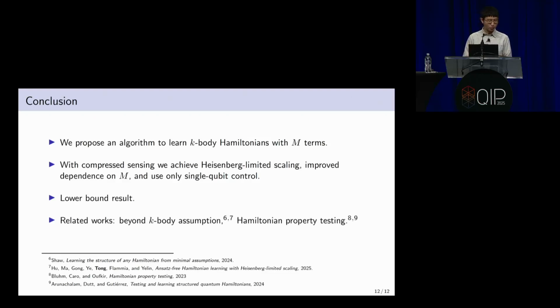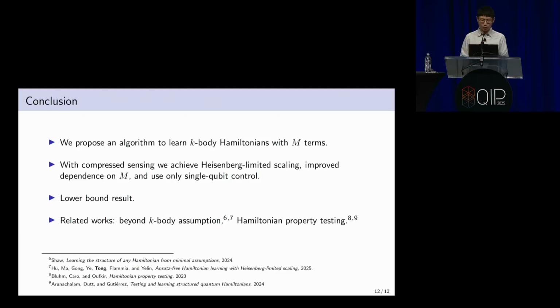And there are actually a lot of questions one can ask related to this setting. For example, can we go beyond the k-body assumption? This was already addressed in previous work, which I list here. In the previous talk, they can achieve Heisenberg-limit scaling with access to inverse time evolution, but without inverse time evolution, there is no Heisenberg-limit scaling.